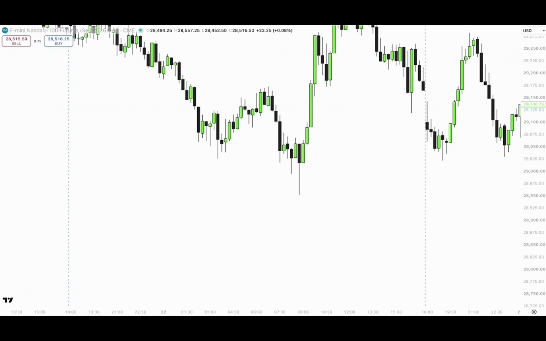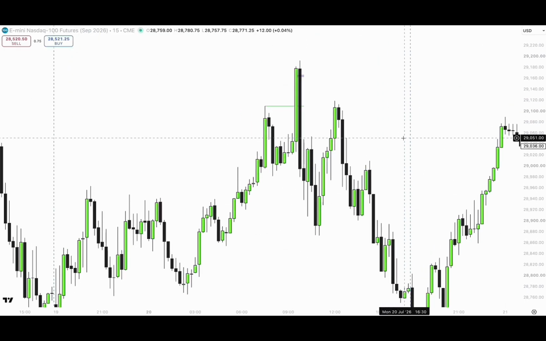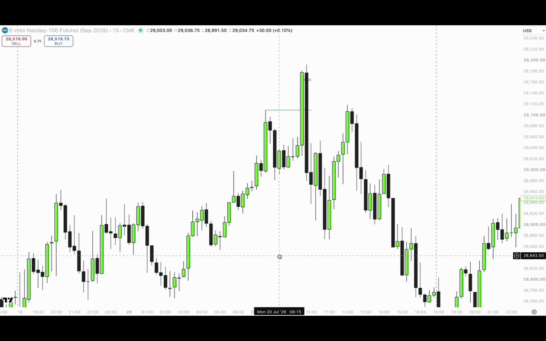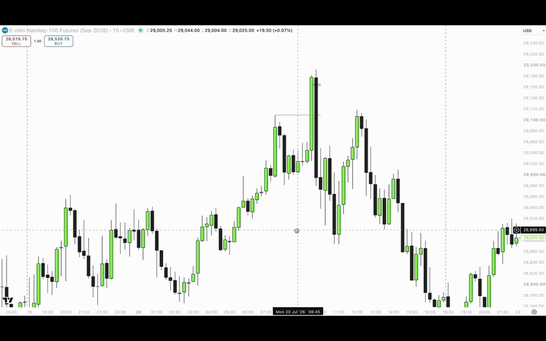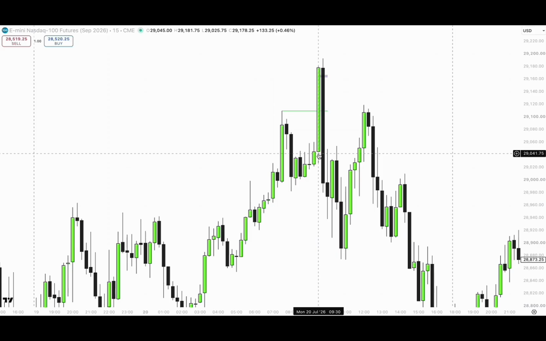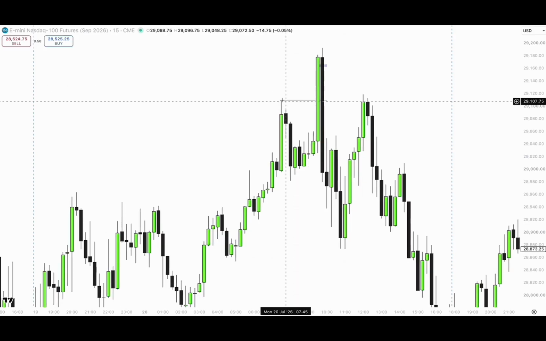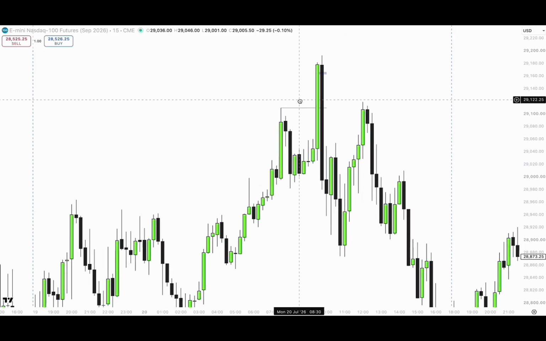So let's have a look at the 15-minute chart. As you can see right here, this is again the example of when we opened up at 9:30. We know that we are above an important high, which is the pre-market high.